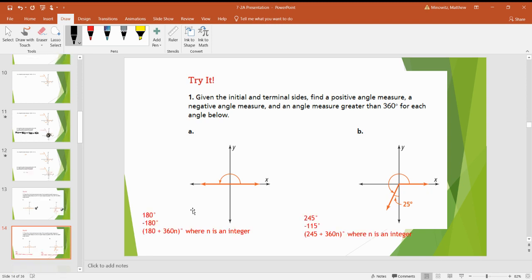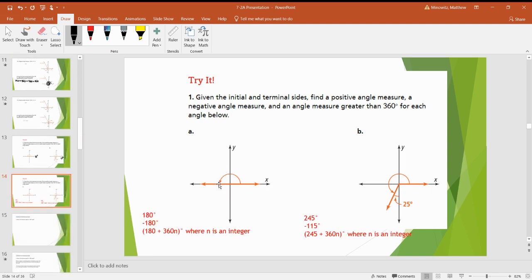So taking a look here, this angle is positive 180, or this angle is negative 180, or we can go 180 plus another 360, which is 540. So you could have added 360 however many times you wanted to 180. So 540, and then 900, and then 1260. Keep adding 360.